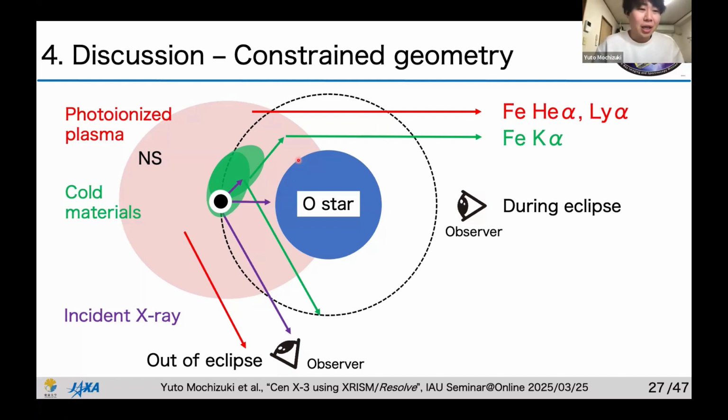Yes, thank you for the question. It's true that during eclipse we can see the iron K-alpha line emissions. So during eclipse, I think the iron K-alpha lines come from scattering material, extended O star, or the scattering from the cold material, Compton scattering, electron scattering, to the observer.